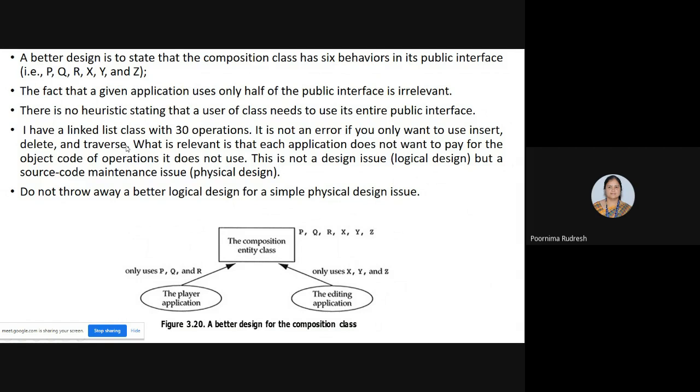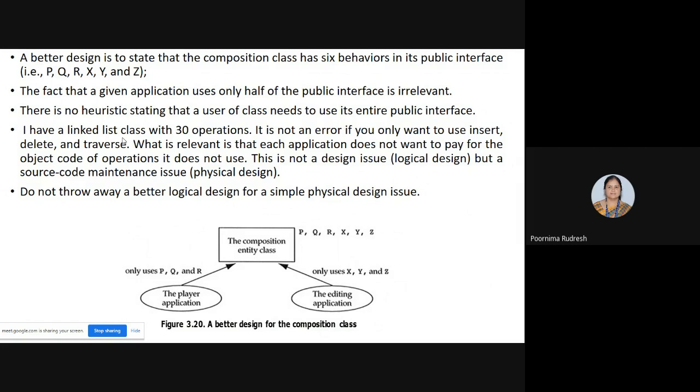And one more example is given here. If you created a linked list and keep 30 operations in the same linked list, and somebody uses only 4 operations, then we can't say that the remaining 26 operations are irrelevant behaviors, right? And the users want to pay only for whichever operations they are using. But that cannot be done in the design phase, because this is not a design issue. It becomes a physical design issue, or we can say a source code maintenance issue.